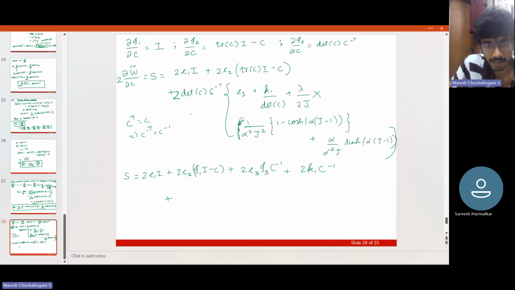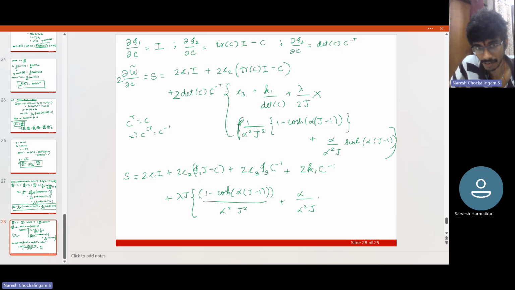So we get lambda, and determinant of C is J square, so I get a lambda J plus lambda J. Here we have the first term 1 minus cos hyperbolic of alpha J minus 1 divided by alpha square J square plus alpha by alpha square J sin hyperbolic of alpha J minus 1.